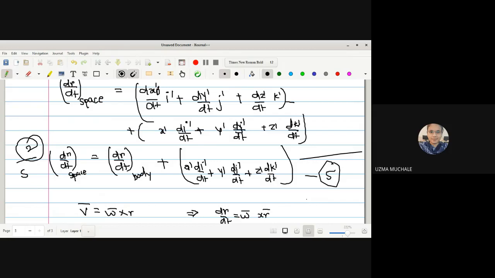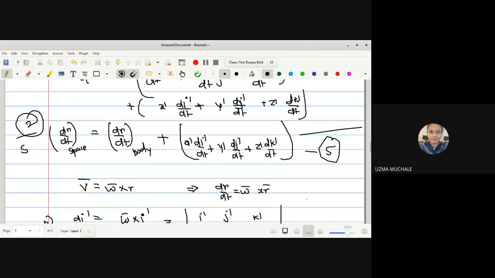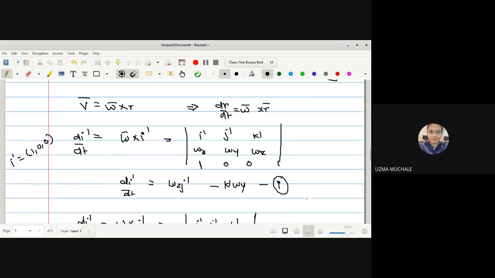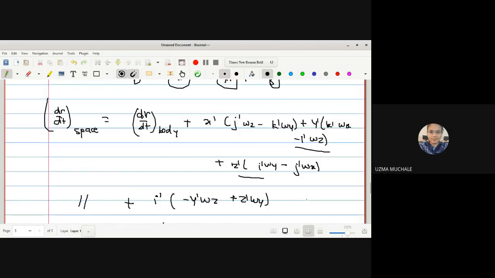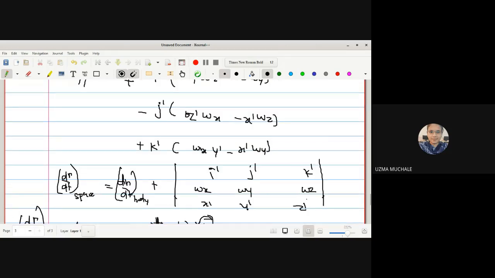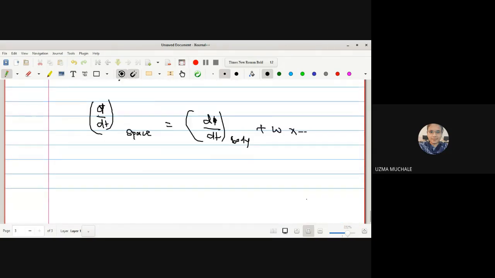Now to solve equation 5, we have to just find out the value of the last bracket, that is x dash derivative of i dash with respect to t plus y dash derivative of j dash with respect to t plus z dash derivative of k dash with respect to t. Finding their derivatives with the help of the relation between angular velocity and linear velocity, we get the relations in equations 1, 2, and 3. And then by using the property of a determinant, we get the result. Since r is any position vector, we can write this equation. Okay, thank you for watching the lecture.